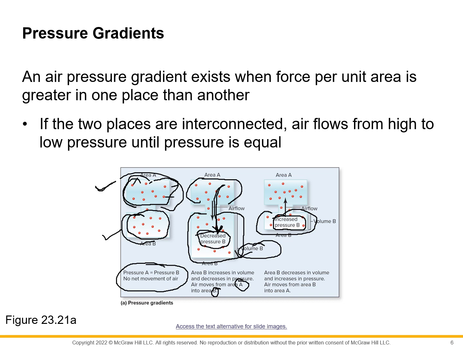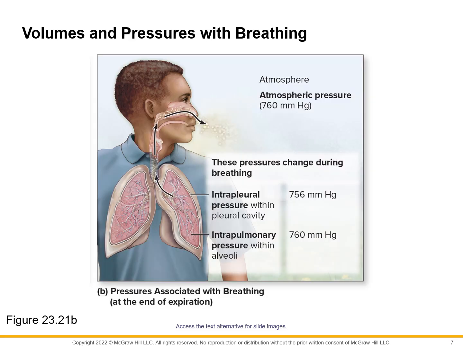Gas moves from an area of high pressure to an area of low pressure. So here, gas is going to move from area B to area A because you decreased the volume of area B. So that essentially explains what Boyle's Law is.